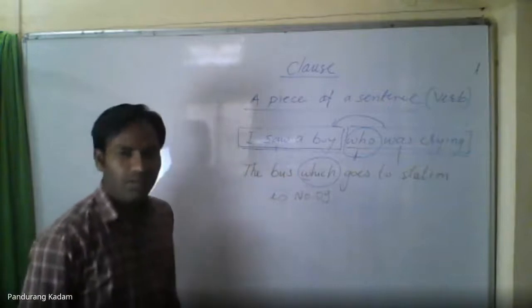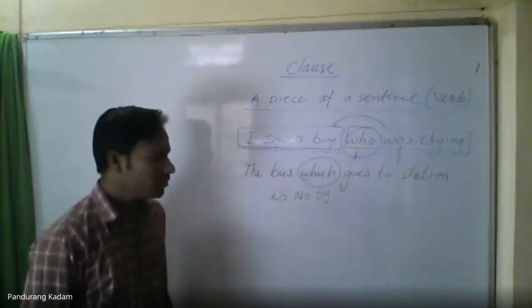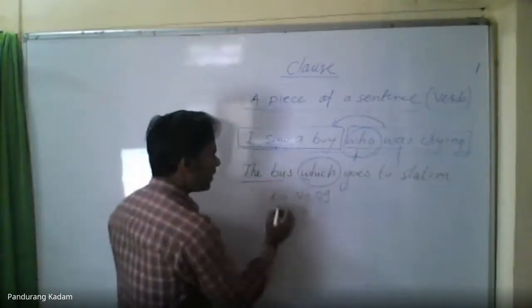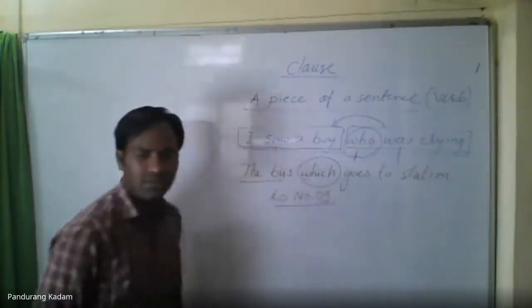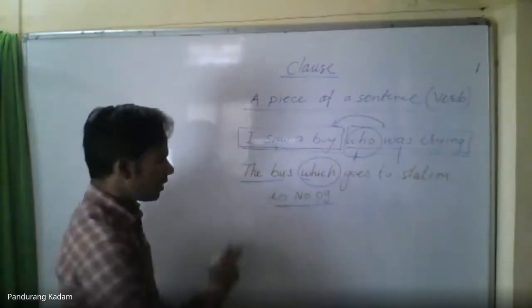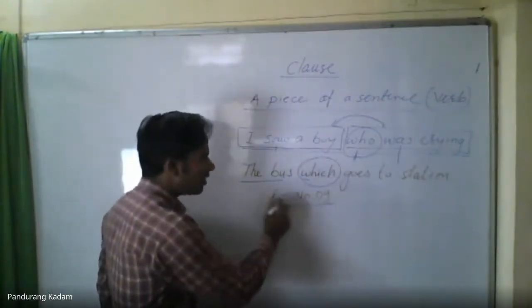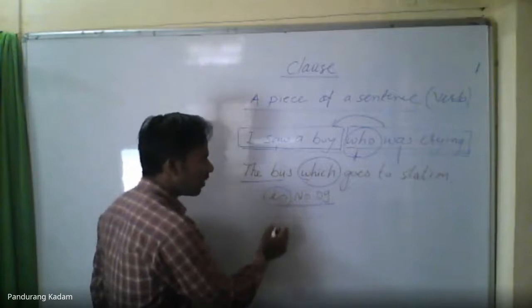And which part of the sentence has complete meaning? The bus is number 9. Listen carefully. Is is the verb.